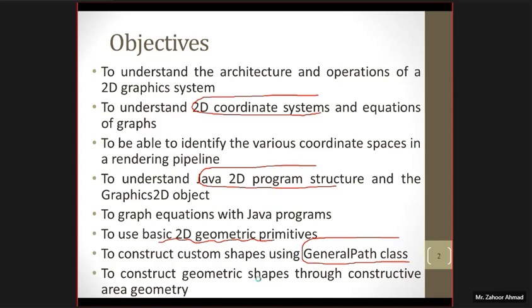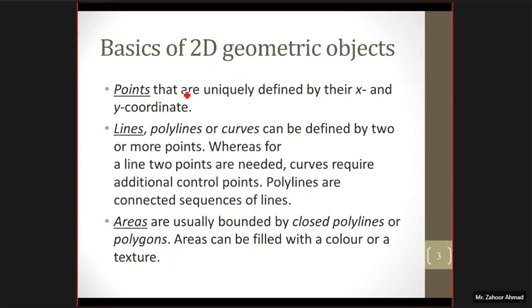So here we need to understand about the geometric objects, 2D geometric objects, what they have. So we have something, we call them points, okay?